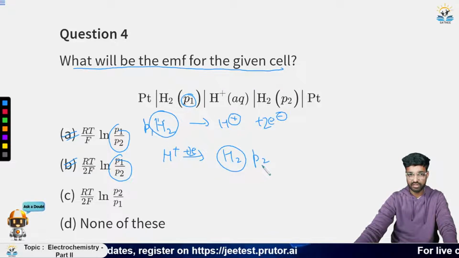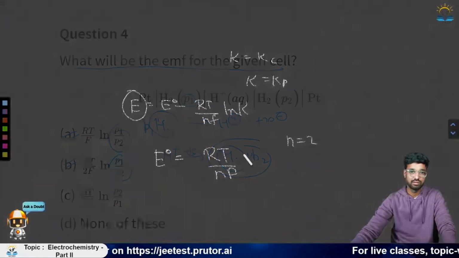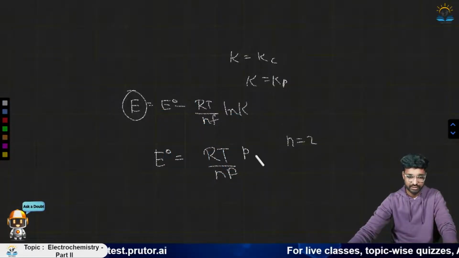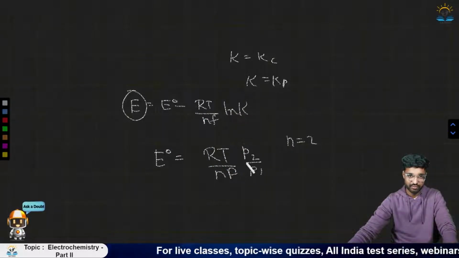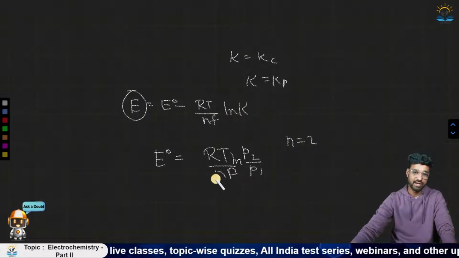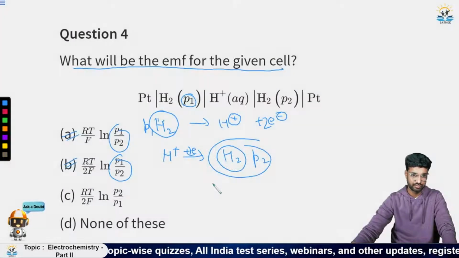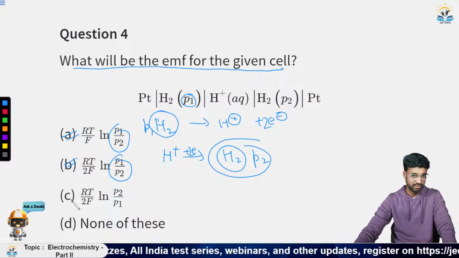So Kp is written as P2 divided by P1. We'll take the ln of it, and n will be equal to 2. So this is the correct answer.